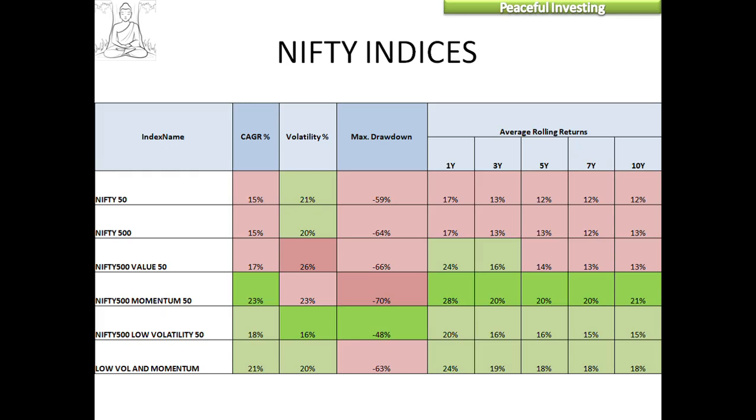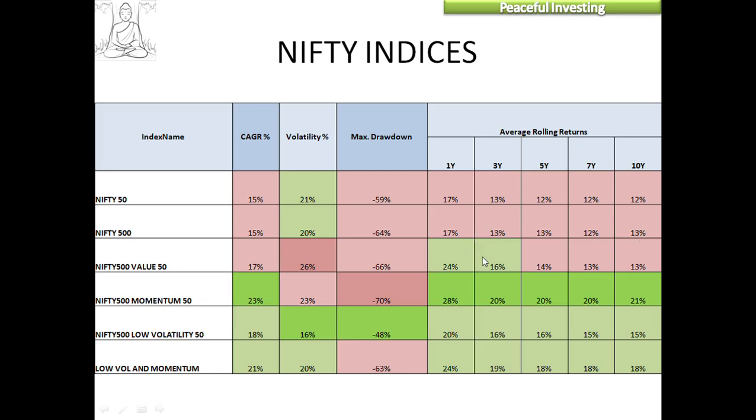10-year rolling returns are again very much the same as Nifty 500 or Nifty 50, 13%. Not much difference over here. But if you see, the 1-year and 3-year rolling returns are very high as compared to Nifty 50 and Nifty 500. But over a longer period, it remains the same as the Nifty 50 and Nifty 500 indices.